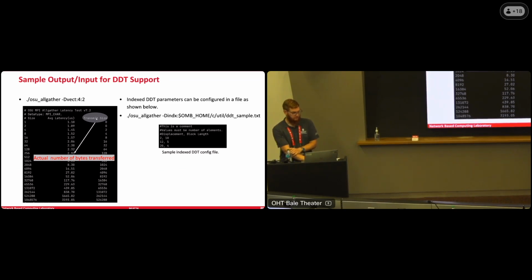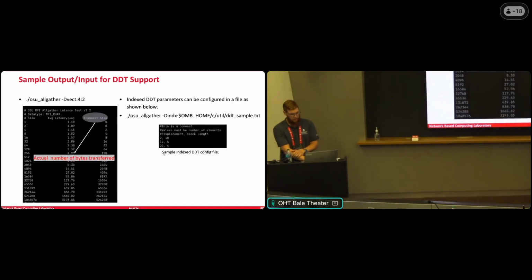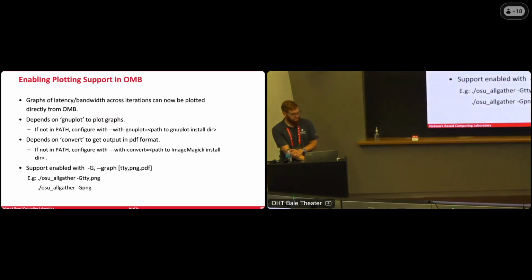The transmit size is going to show you how much was actually transferred. In this case, we're not actually transferring anything for these smaller types because they're too small to make an entire data type. And as shown in the options, we can do that either on the command line directly or by building it in a file that is then read in by OMB. And you can find more details on these in our user guide for OMB as well.